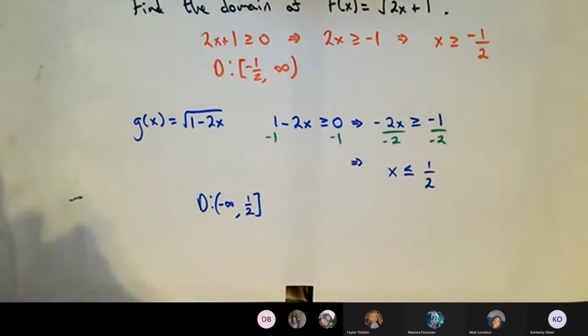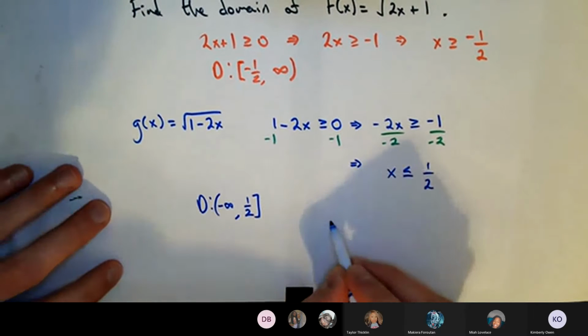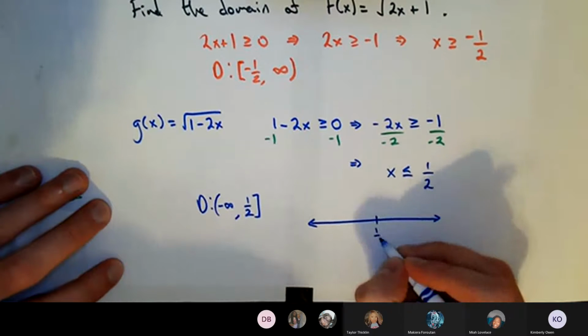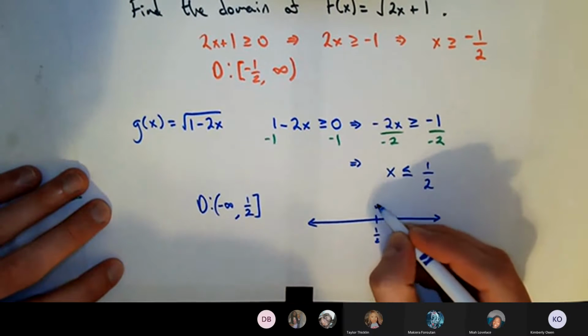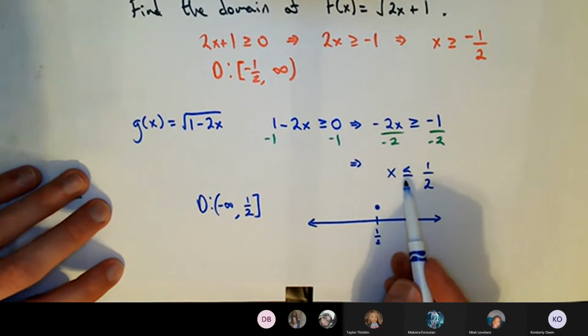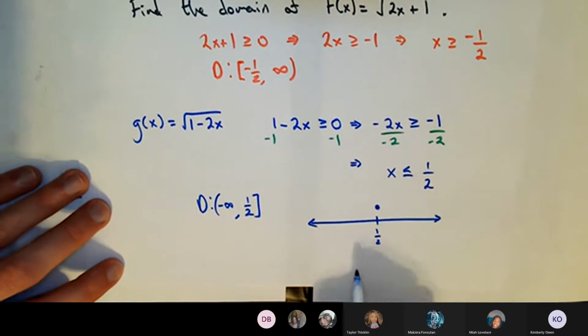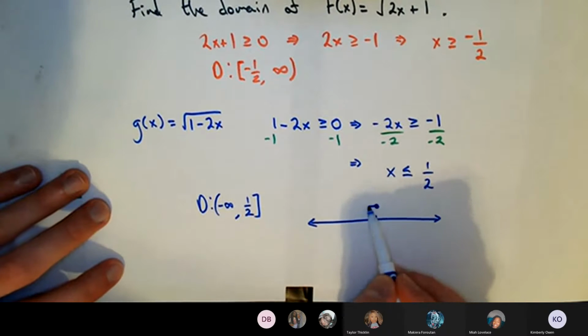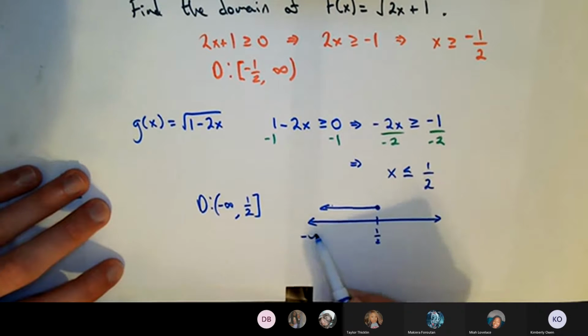And just to help you understand that, I can draw a picture of what's going on with this inequality. So I'll just put 1/2 here. I've got 1/2 included, right? x is less than or equal to 1/2, so that's why it's a closed dot, and that's why it's a bracket here. And I want all the numbers less than 1/2. That's all of these off to negative infinity.